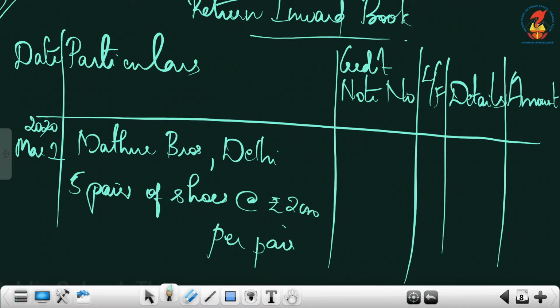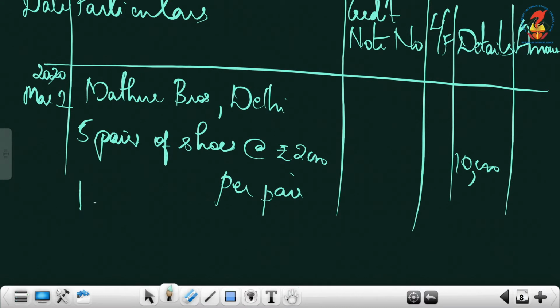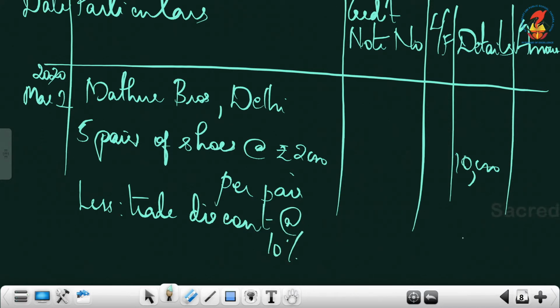So 2000 into 5, that is 10,000, the details column. Then there is a trade discount of 10%, so you write less trade discount at the rate of 10%. It is 1000. Outer column you can write 9000.